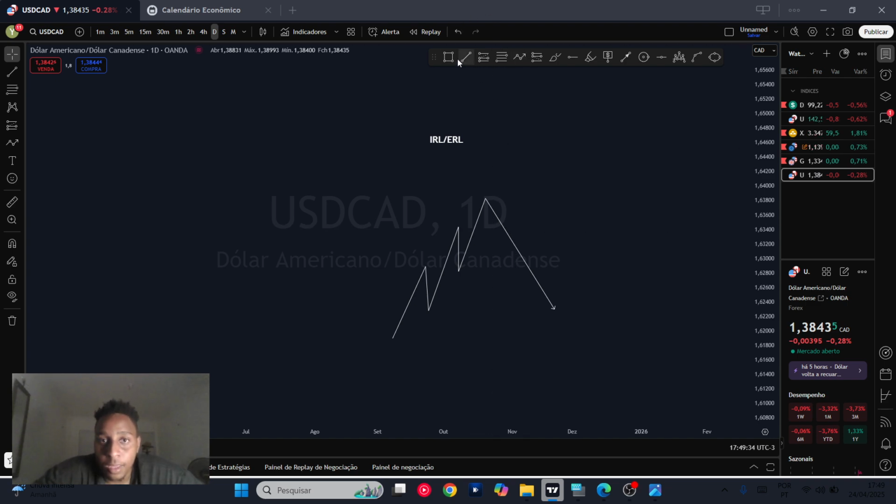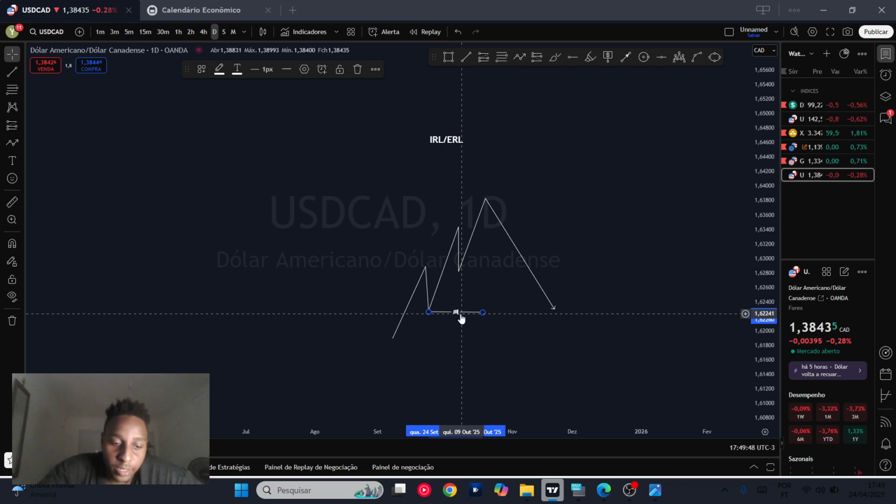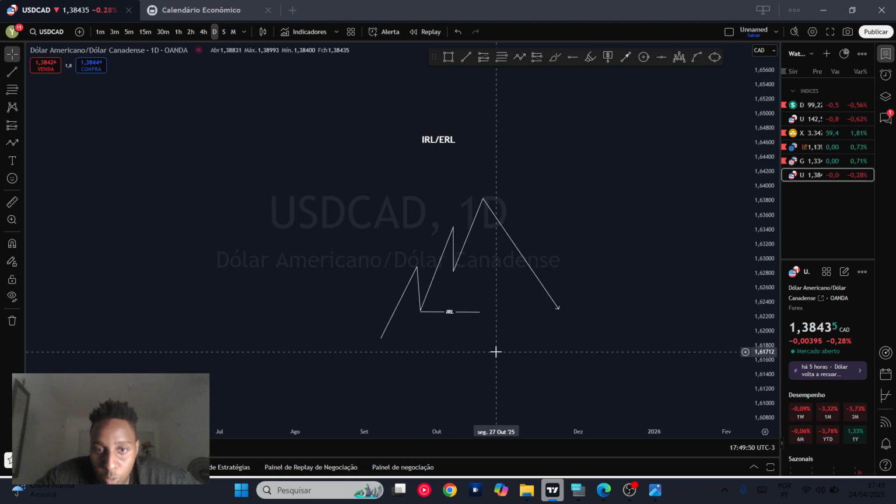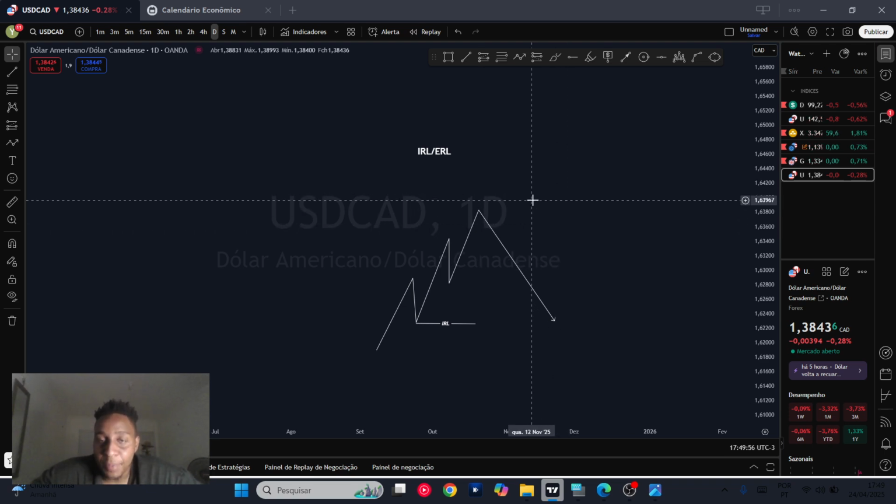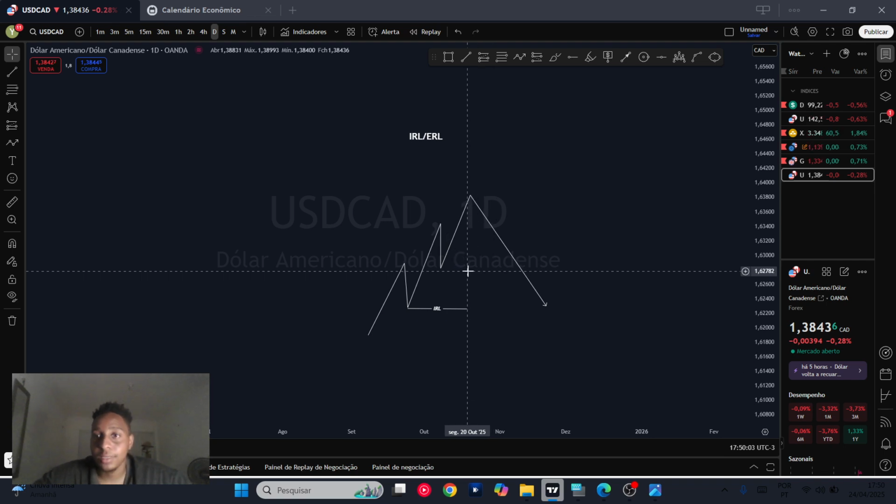So within these down candles, price creates liquidity. And this liquidity we call internal range liquidity. Why? Because it was formed during the expansion move. When price expands and creates a little bit of lows of down candles, it's called internal range liquidity.